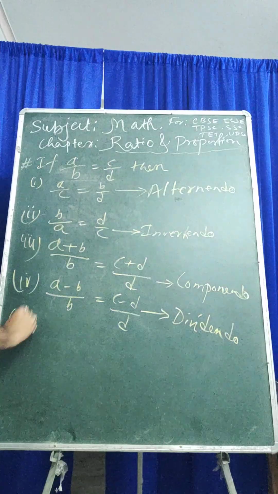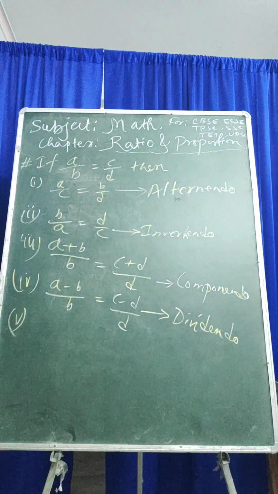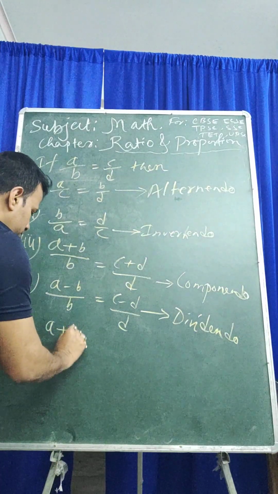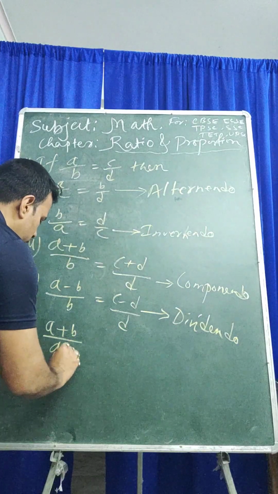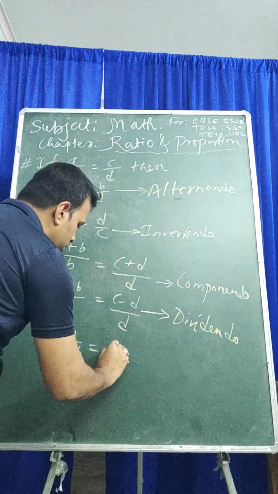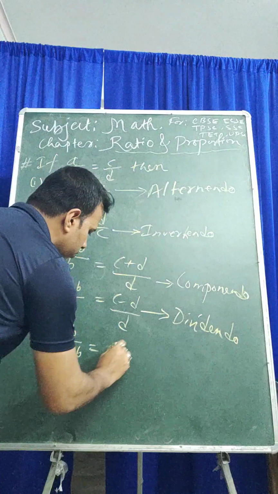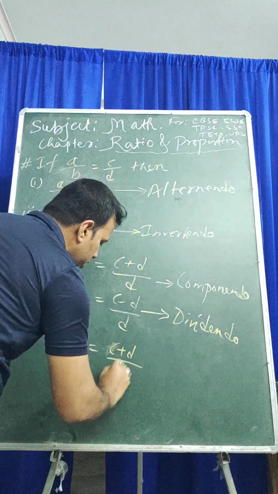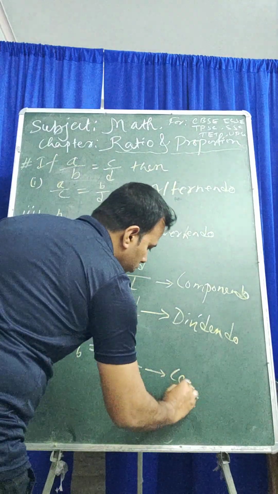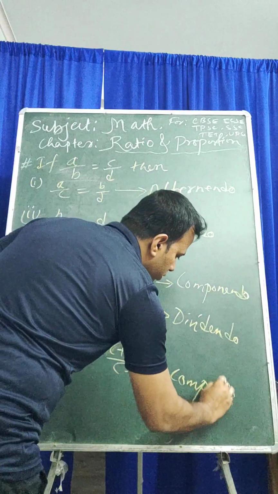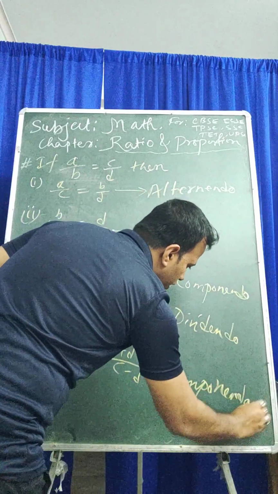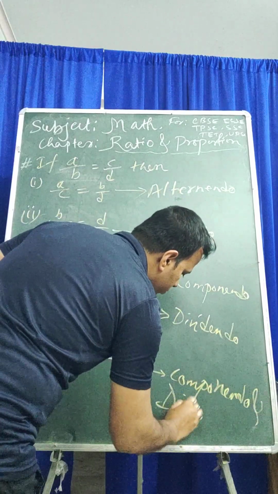And number five is componendo and dividendo: (A plus B) by (A minus B) equal to (C plus D) by (C minus D), by componendo and dividendo.